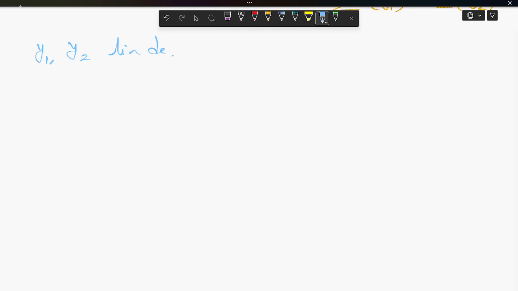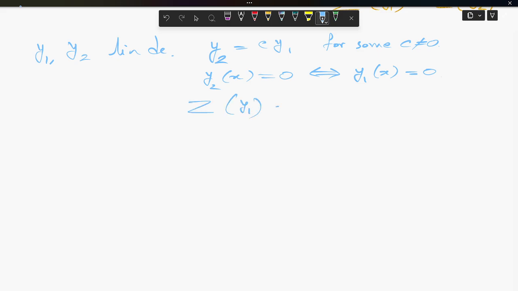So we can write y2 equals c y1 for some c not equal to 0. Now y2(x) equals 0 if and only if y1(x) equals 0. So from this we can write Z(y1) equals Z(y2) by the definition of Z.